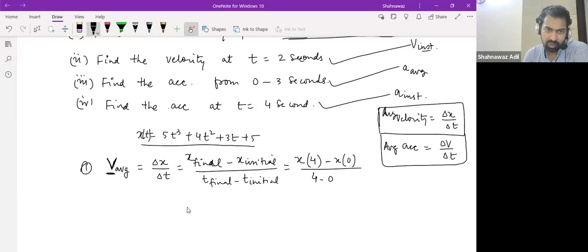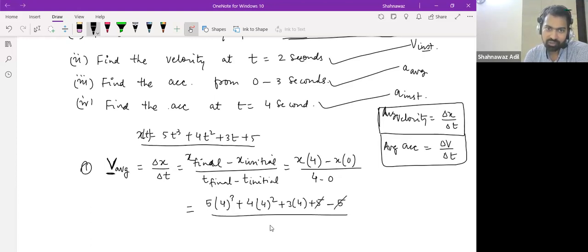So x4 would be how much? x4 would be 5 times 4 cubed, oh, this is a big number, plus 4 times 4 squared plus 3 into 4 plus 5. And for 0, everything would be cancelled and we'll have only 5. So 5 cancelled.